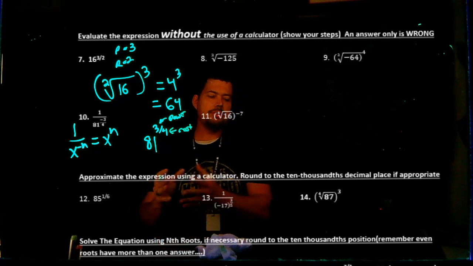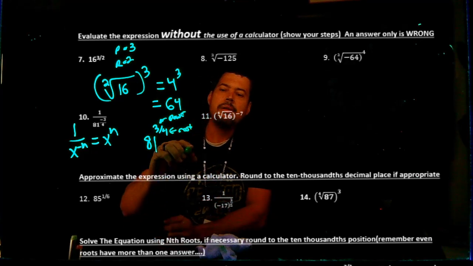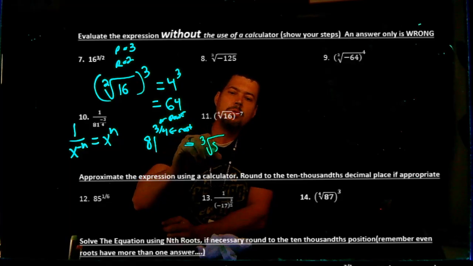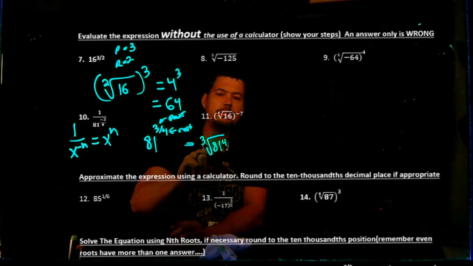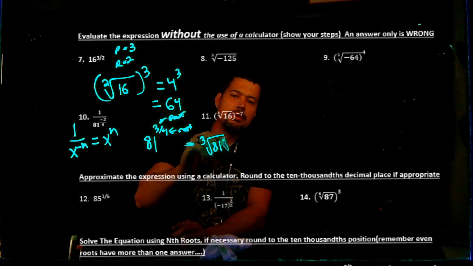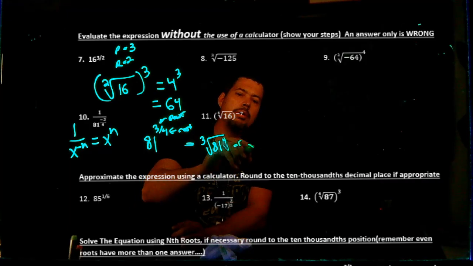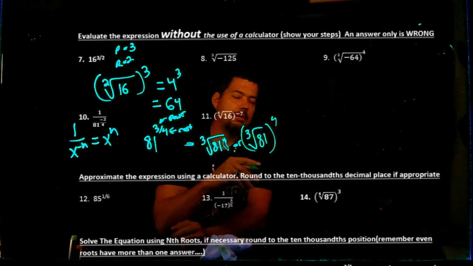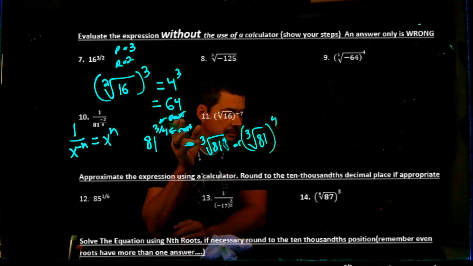Now, I show you 2 different ways of rewriting things, but you can say that you are taking the 4th root of 81 cubed, or you can take the 4th root of 81 and then cube it, which makes a lot more sense.